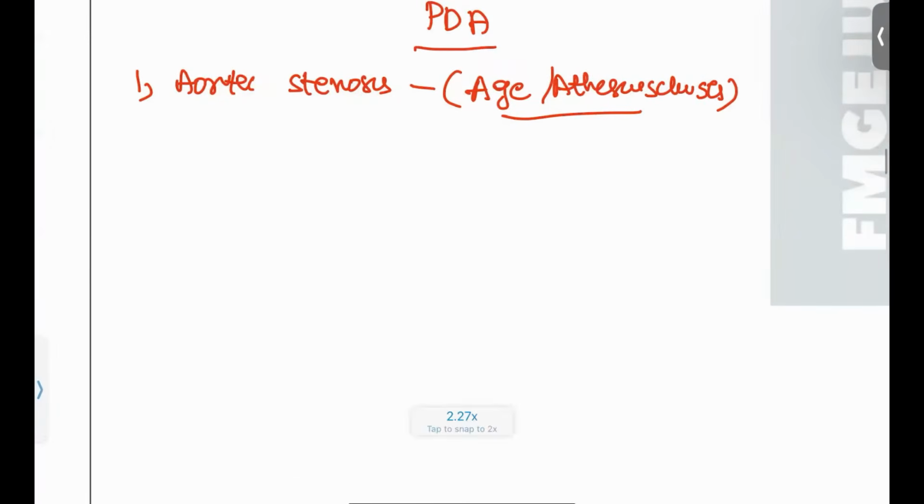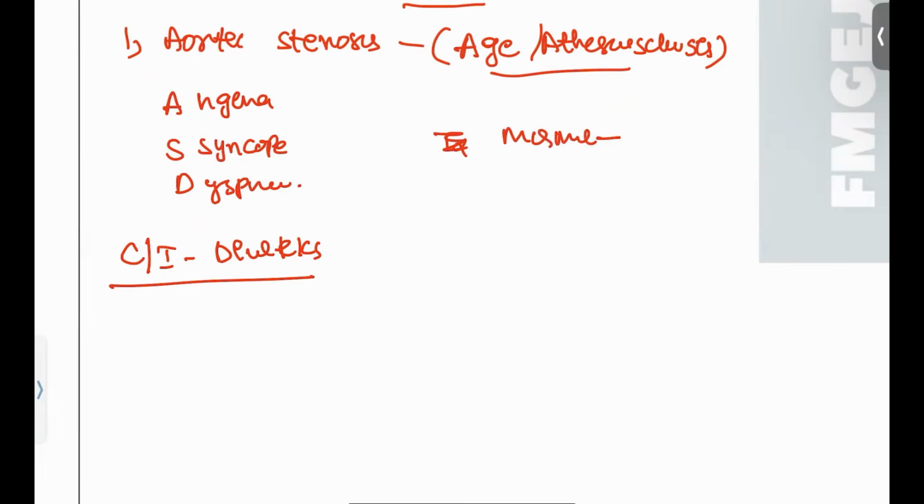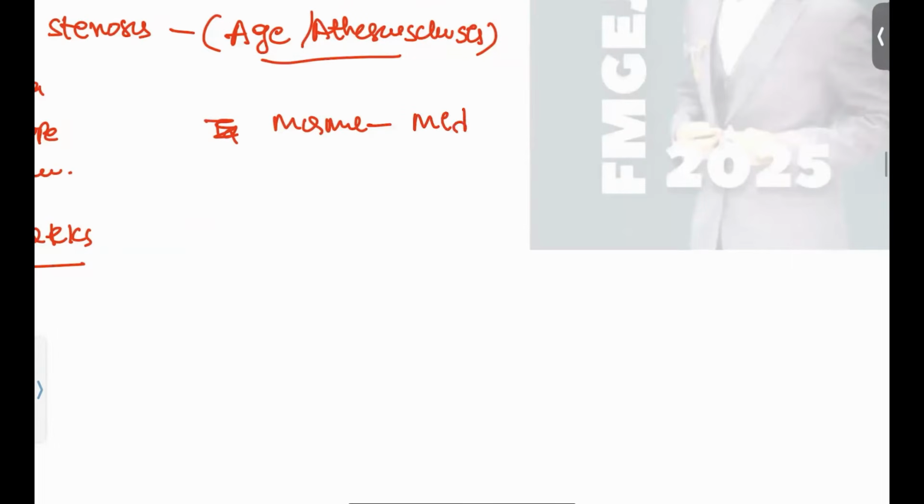And how does this patient present? With the triad: angina or chest pain, recurrent syncope attacks, and dyspnea. In aortic stenosis also, diuretics are contraindicated. They will worsen the condition, so you have to avoid diuretics. And what is the murmur in this patient? The classic murmur is the mid-systolic murmur.